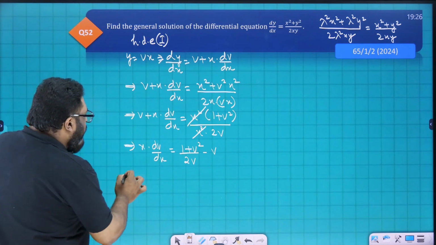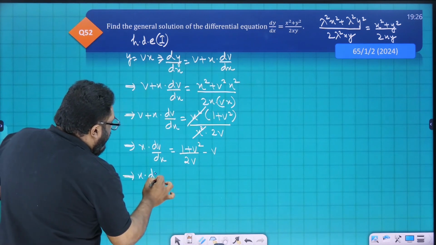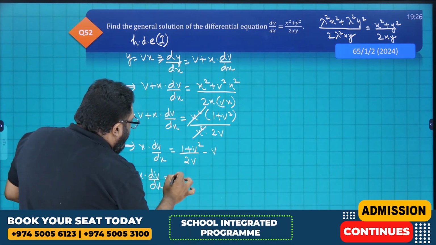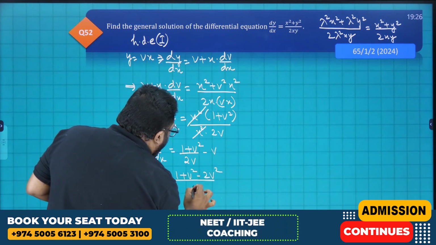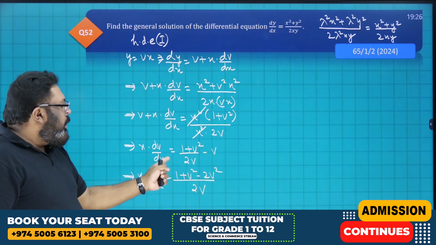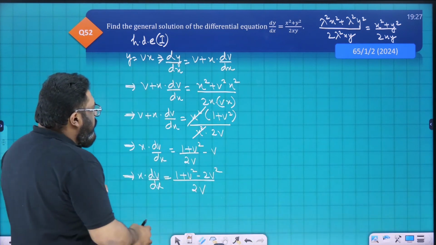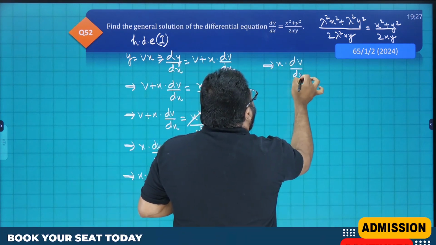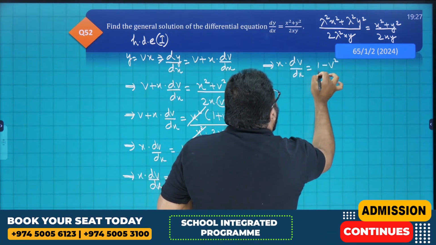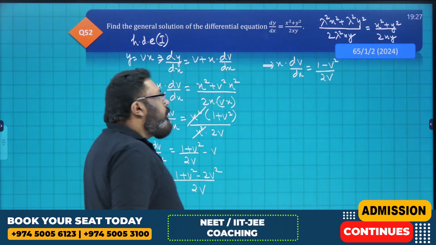Subtracting v, you just take LCM, you will get x into dv by dx is equal to 1 plus v squared minus 2v squared divided by 2v. That implies x into dv by dx is equal to 1 minus v squared divided by 2v.